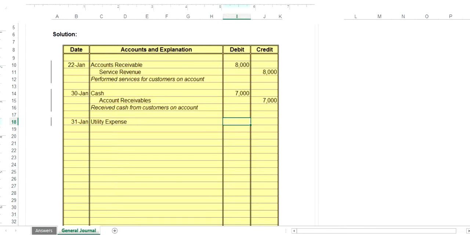And let's see, our utility bill was $180. We're not going to pay it right away, we're going to owe it. So we need to record a liability and call it utilities payable for $180. And say we received utility bill due in February.